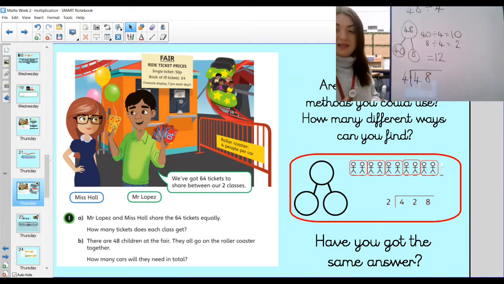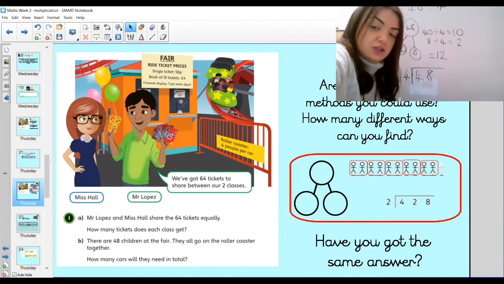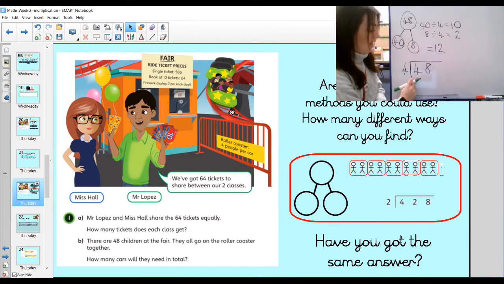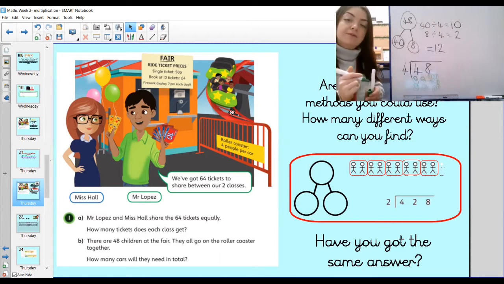Now, to help you with this method, a great thing to do is to draw your place value counters. So here I've got 4 10s. So 10, 10, 10, and 10. And here I've got 8 1s. This is a really helpful skill to see how this method works.